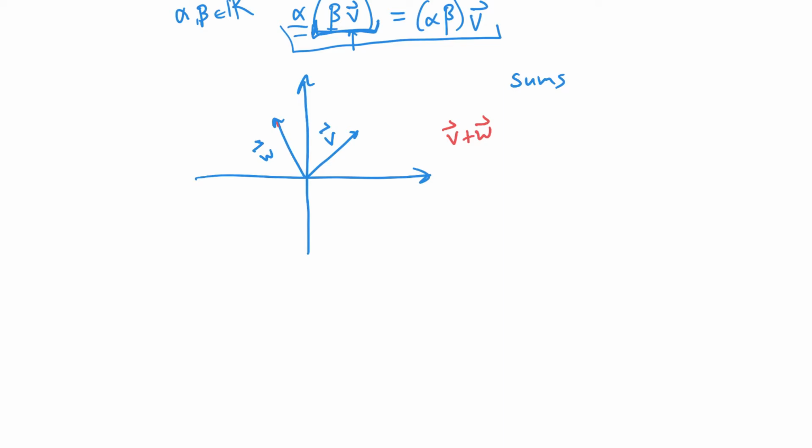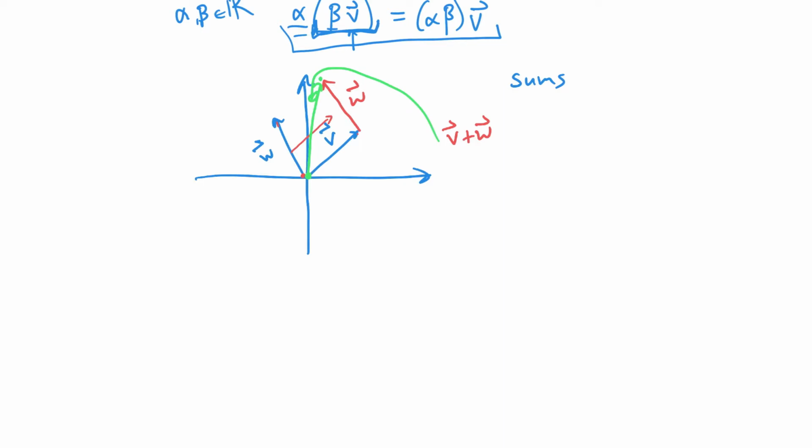Take either one of the vectors and take its tail and put it to the head of the other one. So this w here, I'm going to translate it in a parallel fashion. So that is w. Now if I draw a new vector from the tail of my first one to the head of my second one, that is actually the vector v plus w.